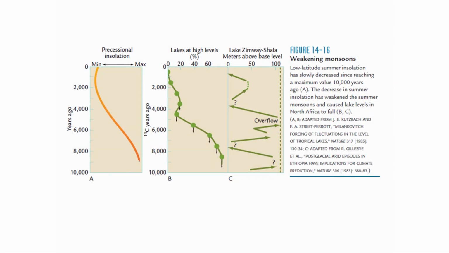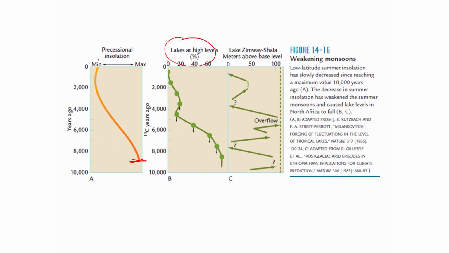So how has the insolation forcing worked? Basically, the precessional insolation going from 9,000 years ago to the present has reached a minimum from the time where it started, and there are associated signatures in lake levels. So the weakening of the monsoon can be attributed to precessional changes over this time period with additional feedbacks from vegetation.